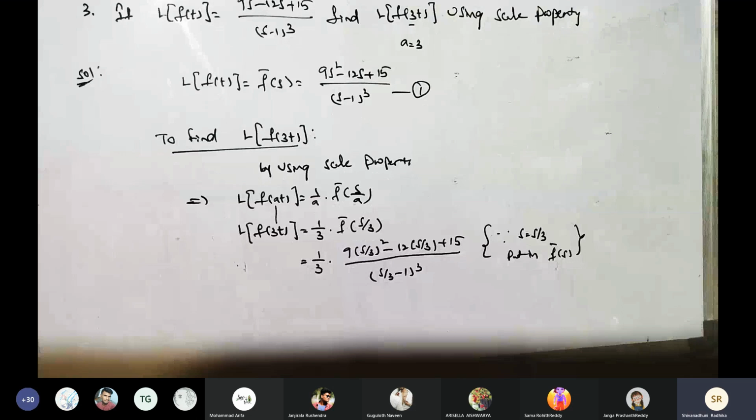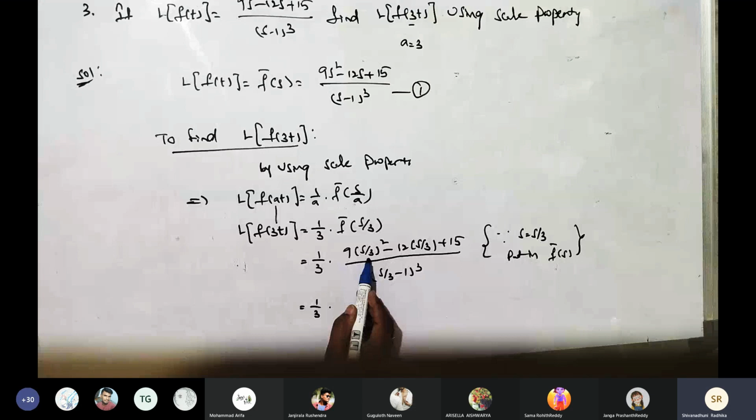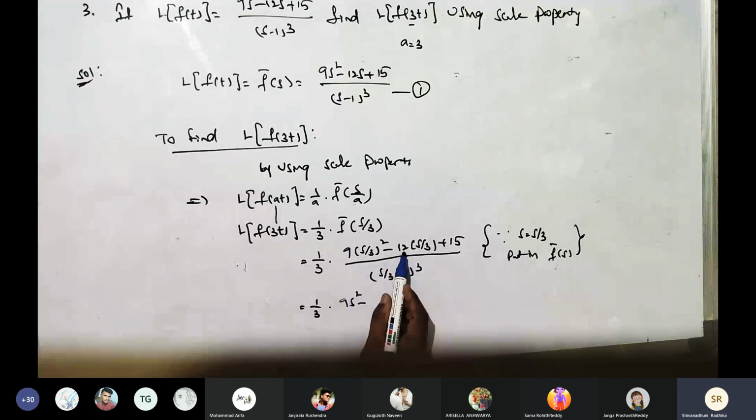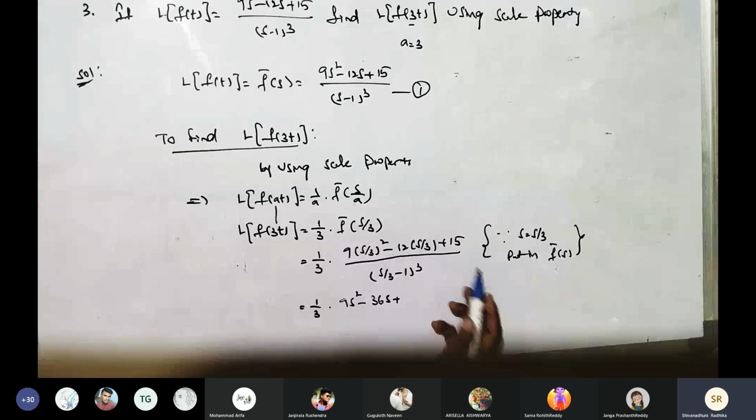The LCM is 9. 3 threes are 9, 3 into 12 is 36, plus 9 into 15, which is 135, divided by the LCM 9 in the inner bracket. 3 cube is 27 by s minus 3 whole cube. 9 threes are 27 and the 3s get cancelled.